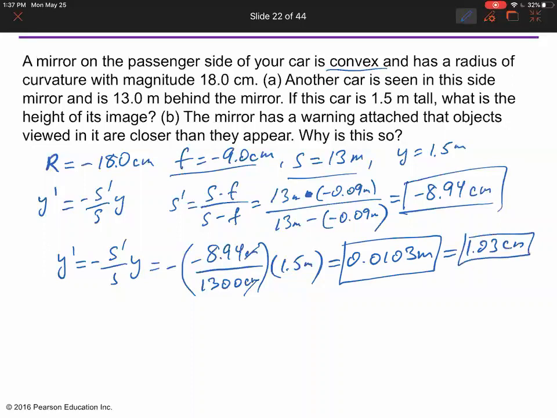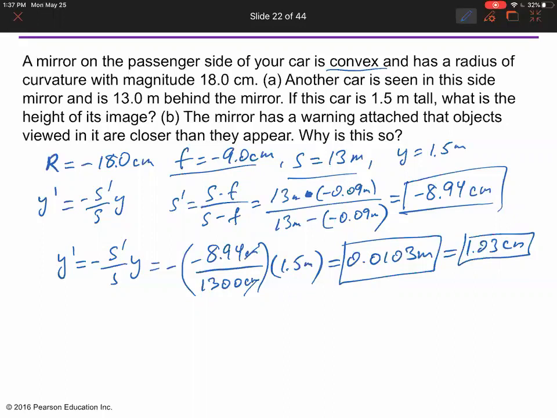So a very tiny image is formed of a 1.5 meter tall car. That's why the passenger side mirror always has a warning: objects in the mirror are closer than they appear. Why is this so?